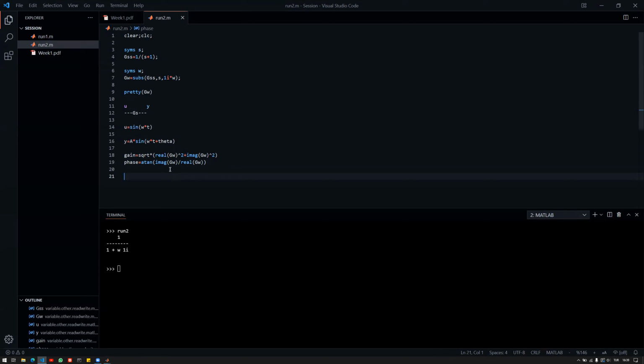I can say that the sine wave will be amplified or attenuated, and the phase will be shifted this much. So I can really examine the system and find out its behavior properties. So let me show you an example.